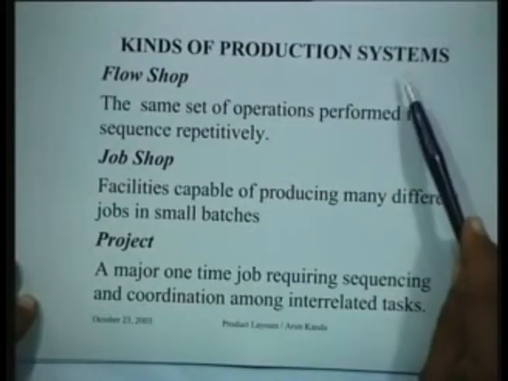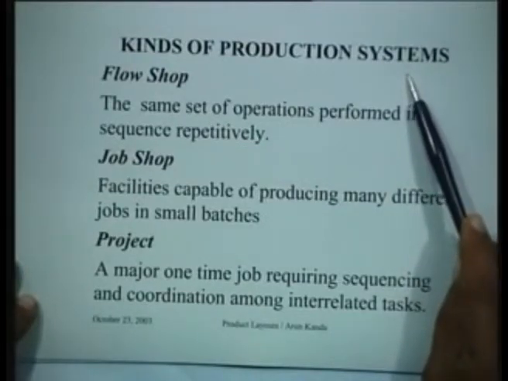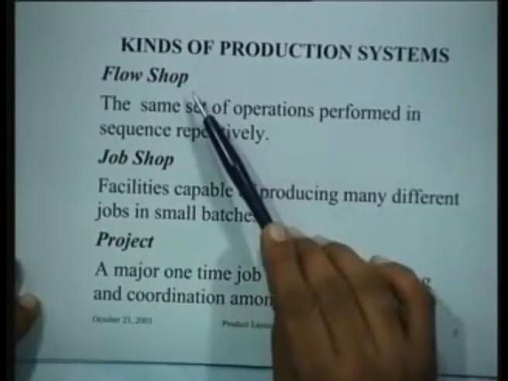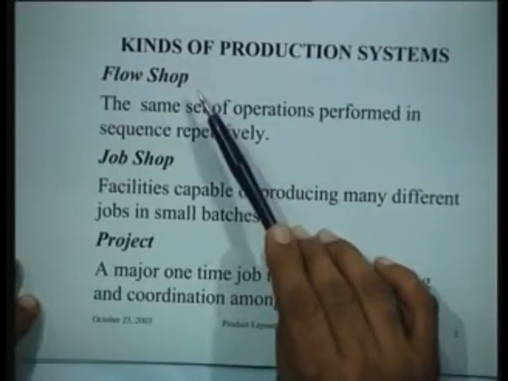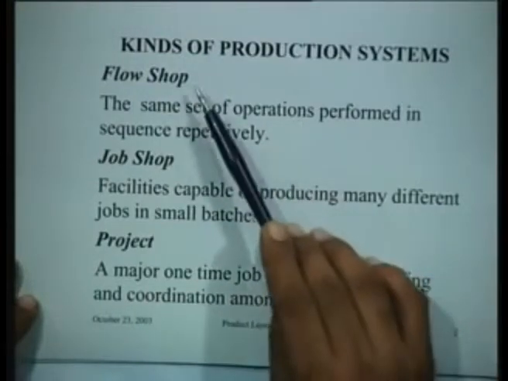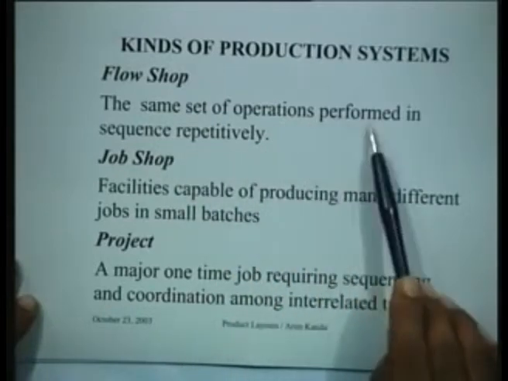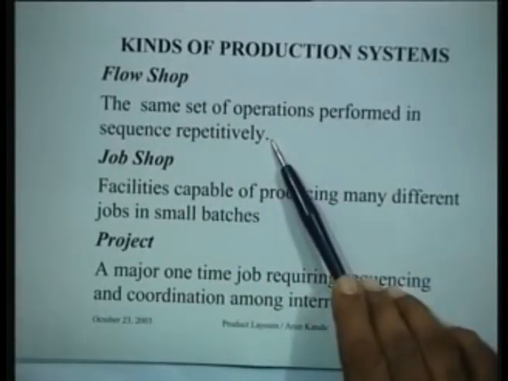For instance, when you talk about kinds of production systems, we can talk about a flow shop. A flow shop is essentially a production system in which the same set of operations is performed in sequence repetitively.